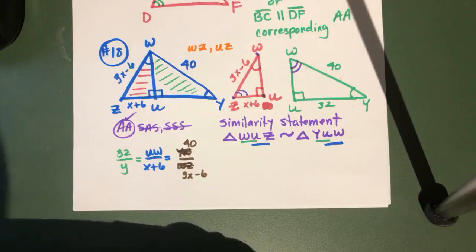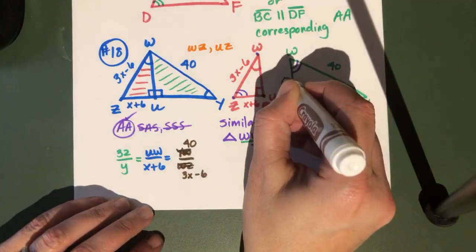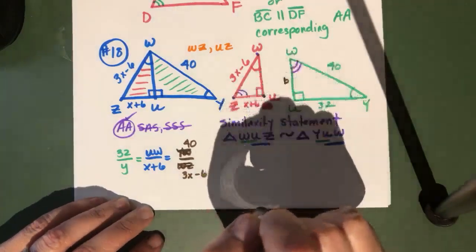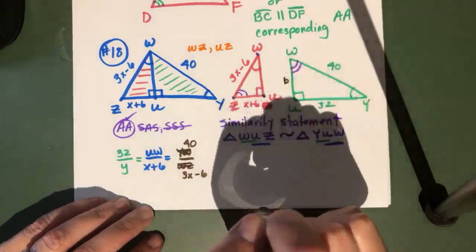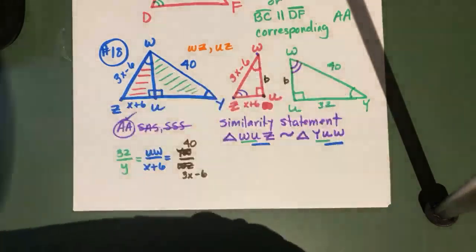Here's where the Pythagorean Theorem comes in. Okay, so you need the Pythagorean Theorem. On the Pythagorean Theorem, you're missing this side right here, right? Now this side would be the same too, right?